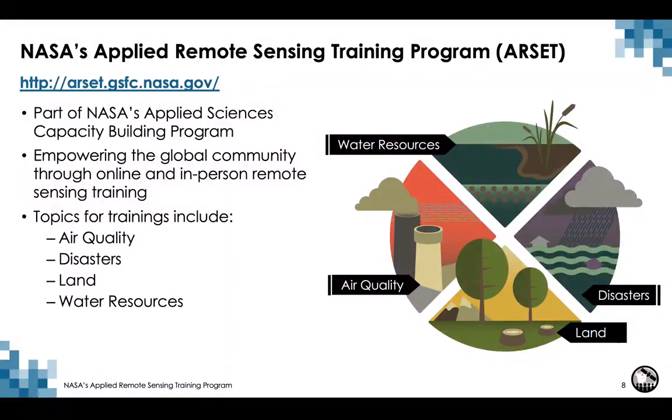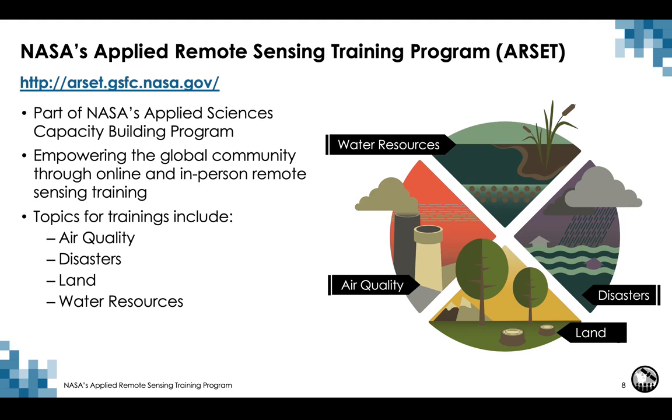NASA's Applied Remote Sensing Training Program, better known as RSET, builds the skills to acquire and use satellite and model data for decision support. The program is part of NASA's Applied Sciences Capacity Building Program.